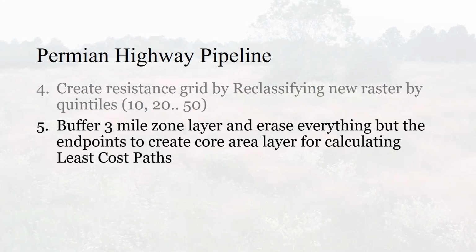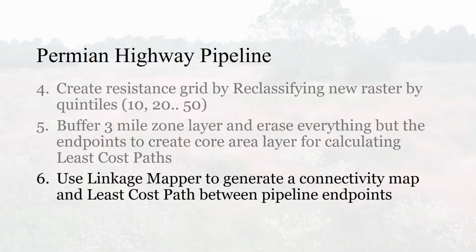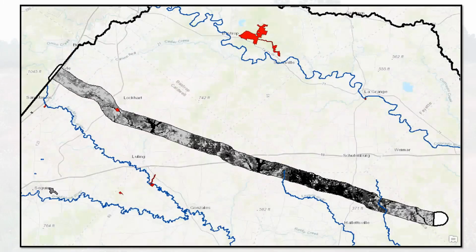And then we had to create endpoints for the pipeline. Linkage mapper requires 2 inputs, a resistance grid and a core area shapefile. And so for us, the core area is just the endpoints of that 3-mile buffer zone. And so we use some buffering and erasing to just create those endpoints and then input that into linkage mapper. And this is what that looks like. So this is the input.